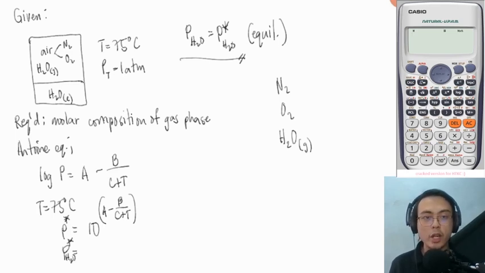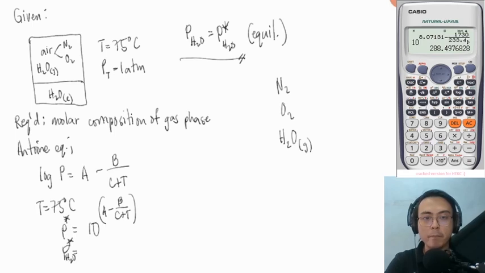So let's substitute: 10 raised to A, which is 8.07131, minus B, which is 1730.63, over C, which is 233.426 plus T plus 75, equals.